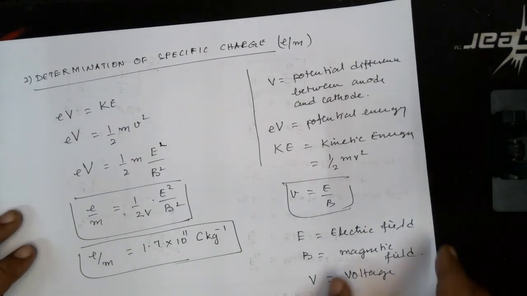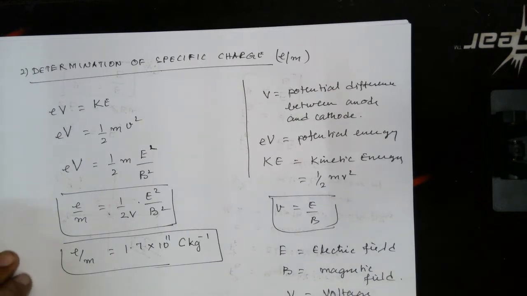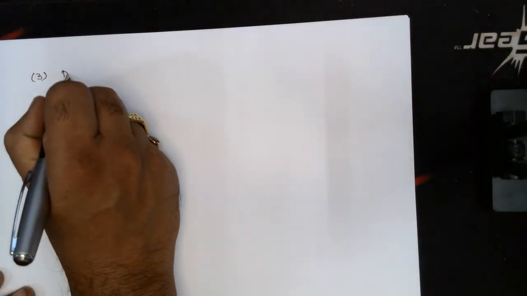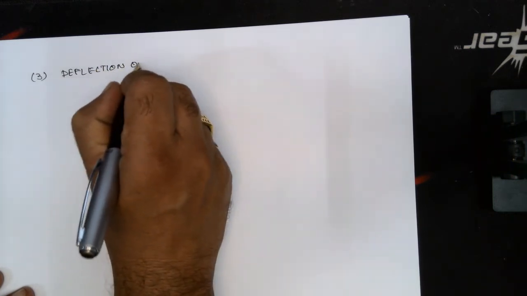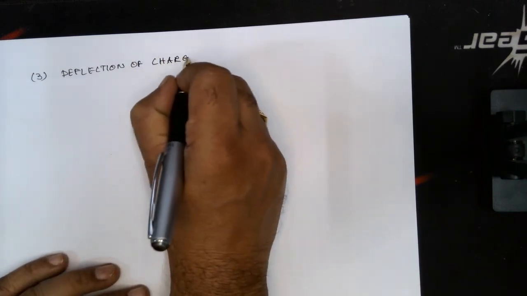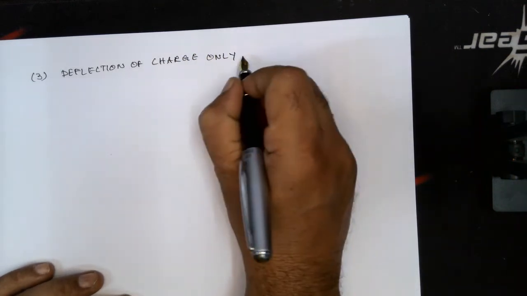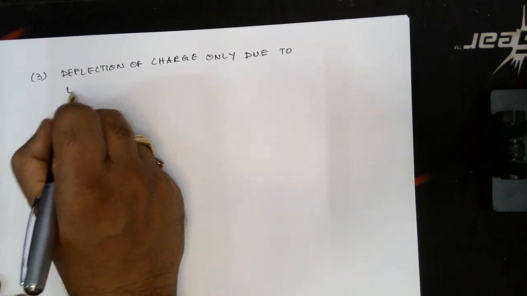And we can derive the deflection of charge that is only due to uniform electric field. That is the third point here. So deflection of charge only due to uniform electric field.